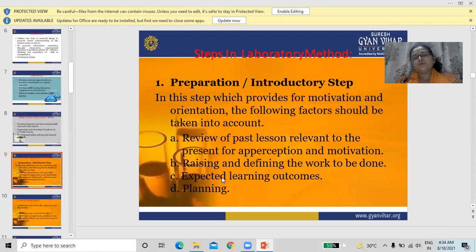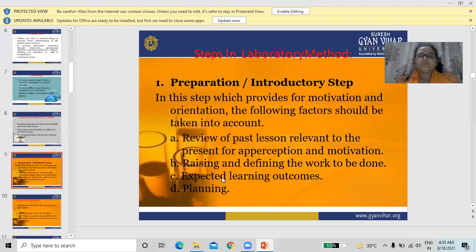Steps in laboratory method. Generally, steps of the laboratory method can be divided in two steps. Preparation, or we can say introductory step.